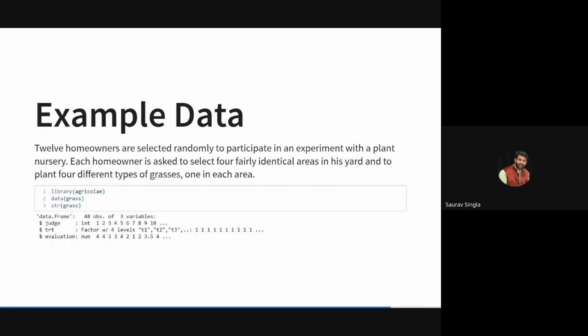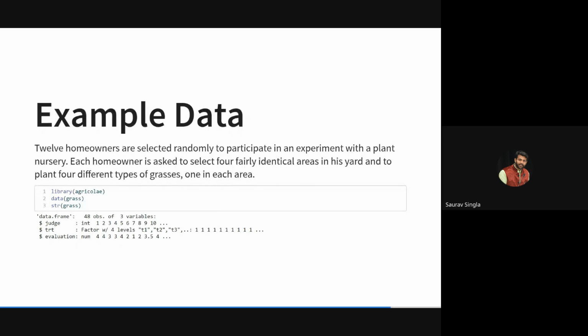Let's discuss one example. Okay, this is a data set. Now what it is saying, 12 homeowners are selected randomly to participate in an experiment with a plant nursery.